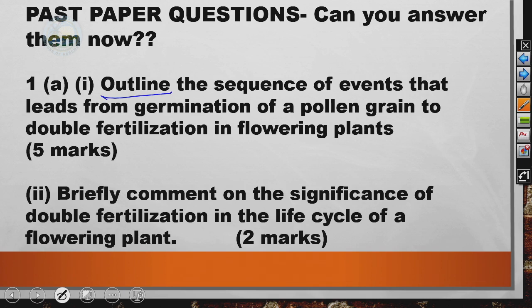You were supposed to literally go in a sequential way and list the events which occur from the time the pollen grain lands on the stigma, with the stigma yielding to the pollen grain. You are supposed to outline what is happening then until double fertilization.